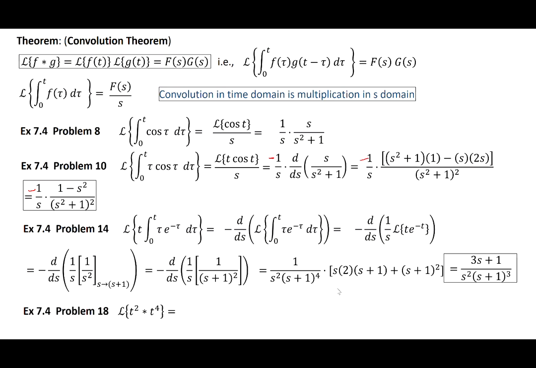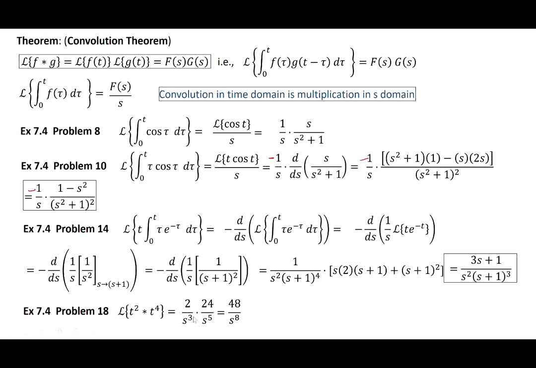Cool. All right. What about the Laplace of t squared convolved with t to the 4? Oh, this is going to be a ridiculously long problem. What? Yep. The Laplace of f of t convolved with g of t is the Laplace of f of t times the Laplace of g of t, and that's what I did.